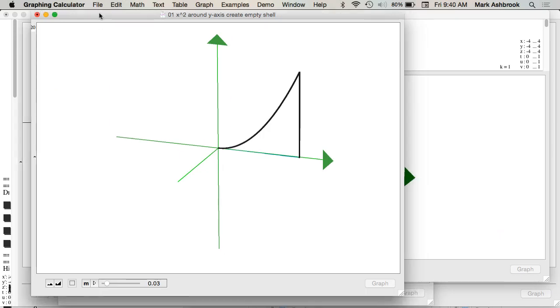All right, so you're looking at this right here. And our first, what we want to do, it says on your sheet, we want to rotate this.